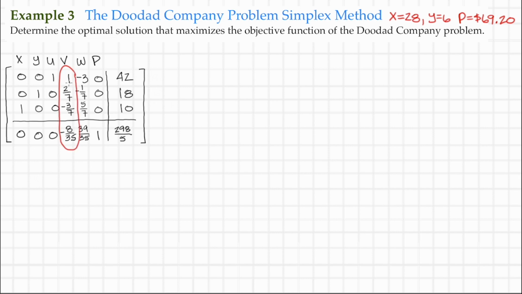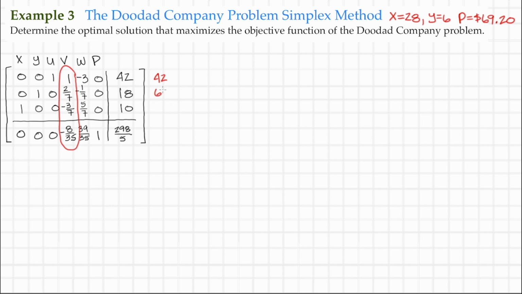Then to determine which value, we go ahead and divide each one of the values within our pivot column here into our constants. And we only want positive results. So the negative 3/7 we won't even do because we want our results to be positive here. So we'll take 42 divided by 1. That's 42. And then 18 divided by 2/7.